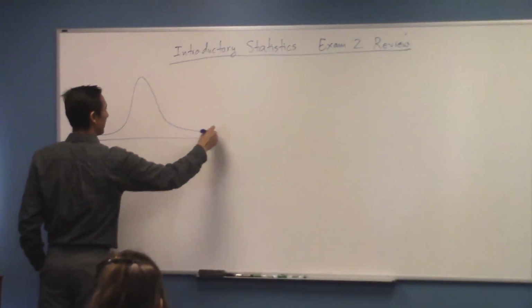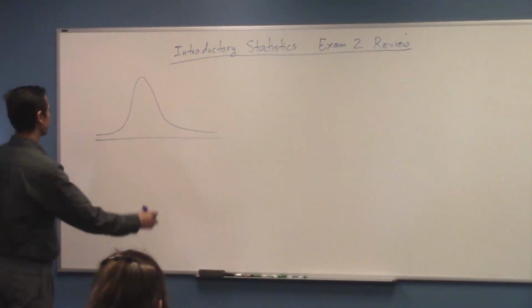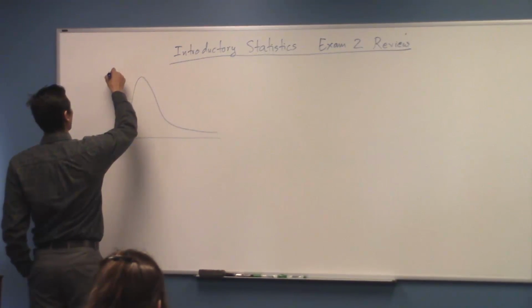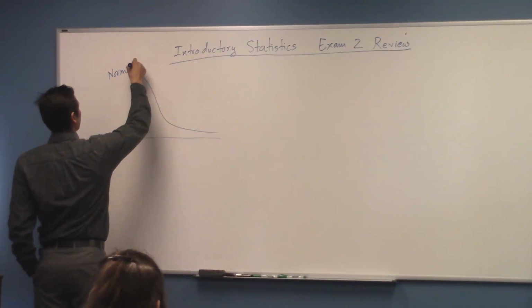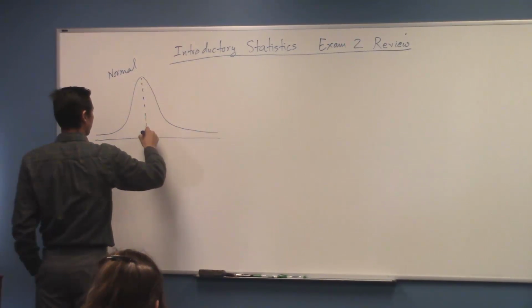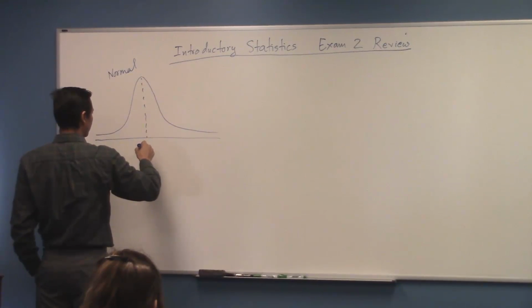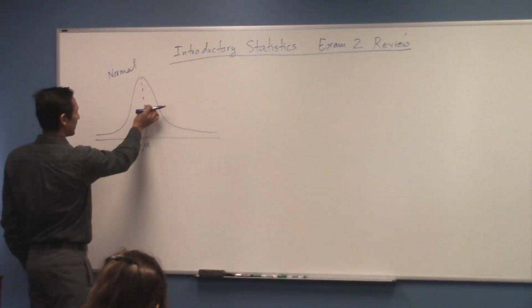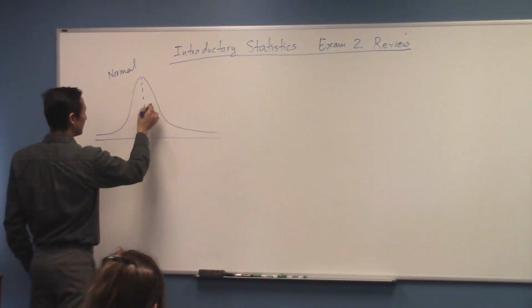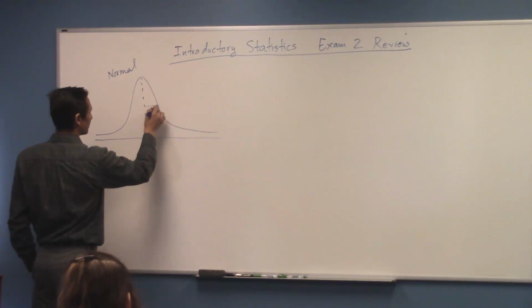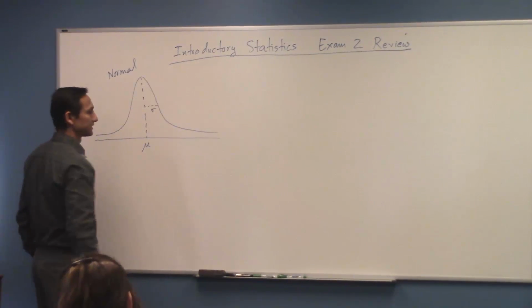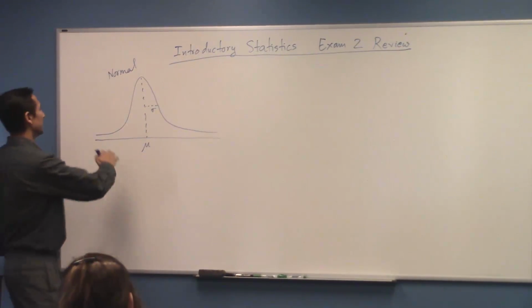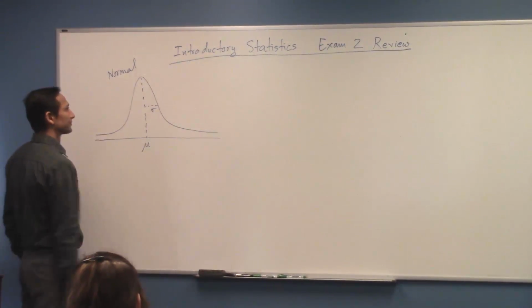The most common distribution is this bell-shaped normal distribution. Right here at the center, it has mean mu, and the spread or deviation is measured by sigma, called standard deviation.